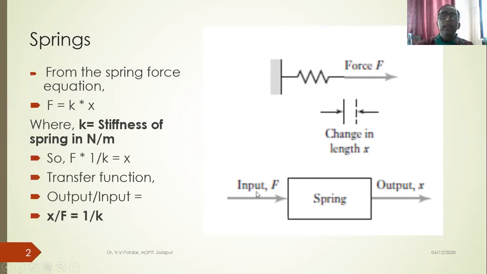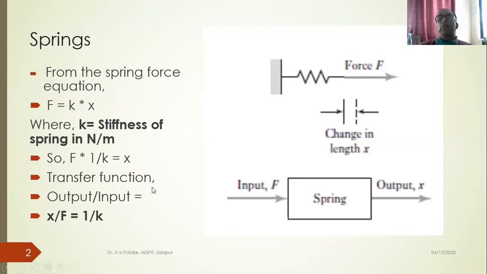But we are calling this a transfer function. Why? Because the output is displacement X in millimeters, and the input is force in Newton. The units are different. It is no doubt the ratio of output by input, but as the units are different, we call it the transfer function of this given spring, which is nothing but the output by input ratio.